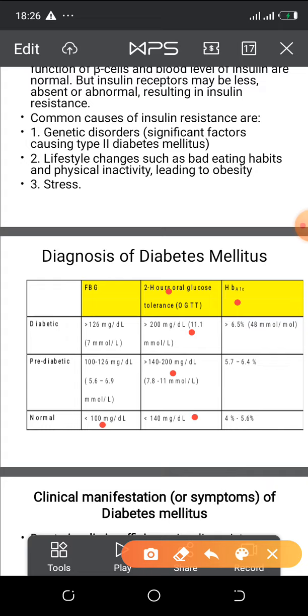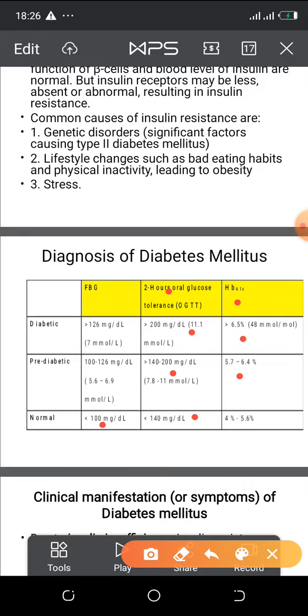There is another diagnostic criterion called the glycated hemoglobin. You know sugars can bind to hemoglobin. It's a protein, so they form what you call glycated hemoglobin. So this can be measured. In a diabetic person, if you find that 6.5% of the hemoglobin is glycated to glucose, it means that's diabetes.